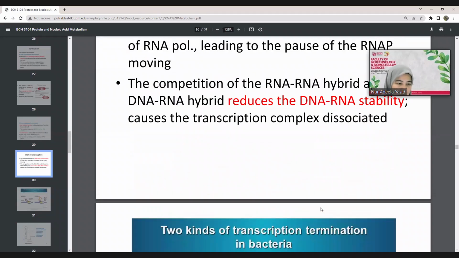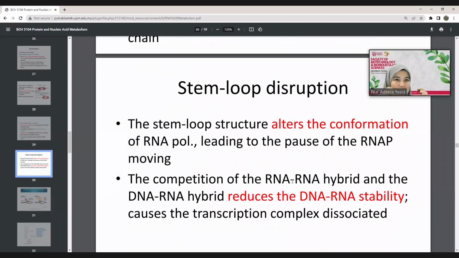So the competition of the RNA hybrid, between the mRNA itself, and the DNA RNA hybrid reduces the DNA RNA stability, because at the end, when it reaches this stage, we can assume mRNA synthesis is almost complete, but we still need termination to give a signal to the RNA polymerase to stop the mRNA synthesis process.